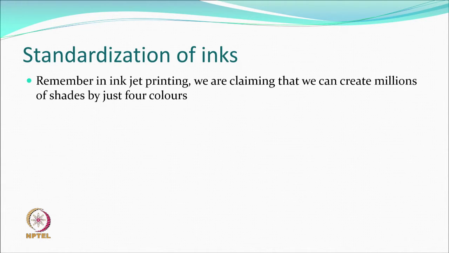In inkjet printing, we say that we can create millions of shades by just 4 colors. That is the principle, isn't it? So, now you are not just standardizing any molecule, you are basically saying I am interested in 4 molecules which should always look the same, of course, but that is not the only thing you are looking at.